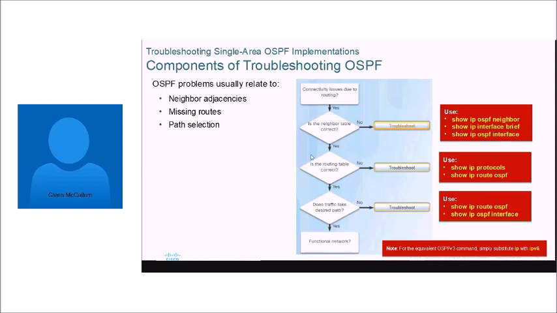And then from there, do we have the right routes in the table, and are they being forwarded in the right direction? With that, you might consider things like, is the cost correct on those links? So you might need to do bandwidth commands or IP OSPF cost commands and things like that. They're all things you might want to consider.